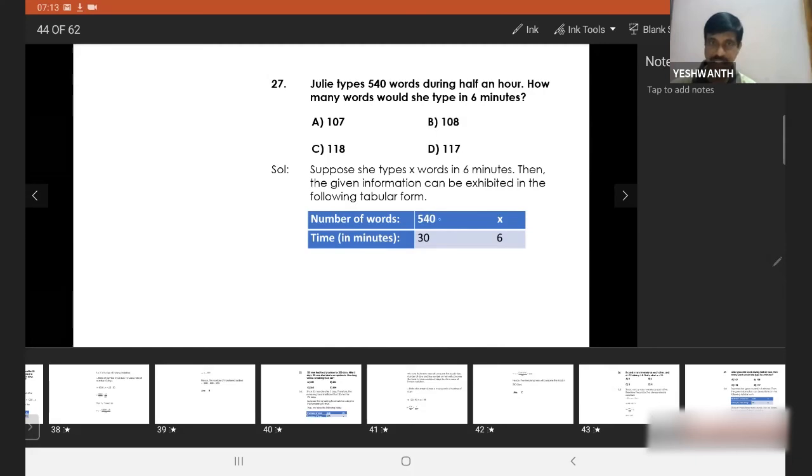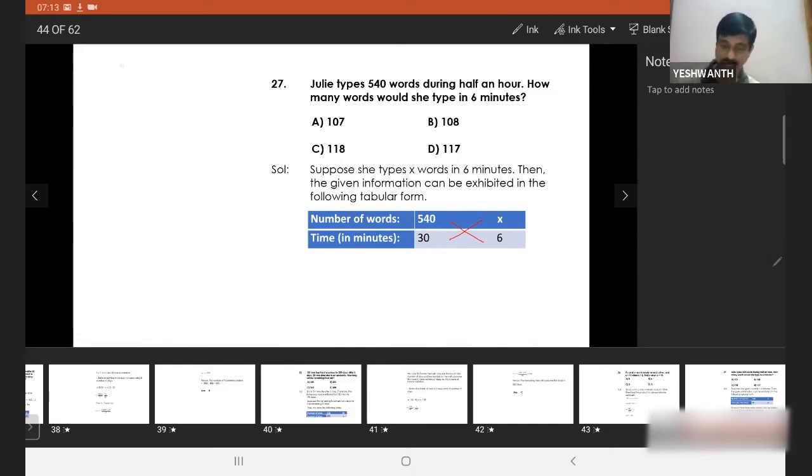540 words in 30 minutes. So X words in 6 minutes. So this is a directly proportional case. When it is a directly proportional case, we take cross multiplication like this. For inversely proportional, it is the product of up and down equal to the product of up and down, like that.